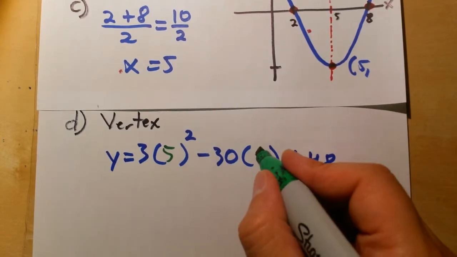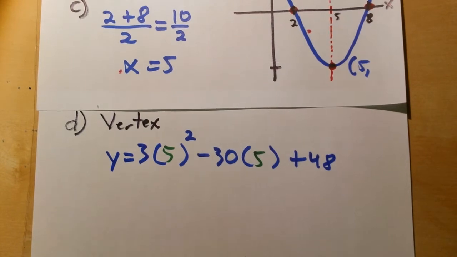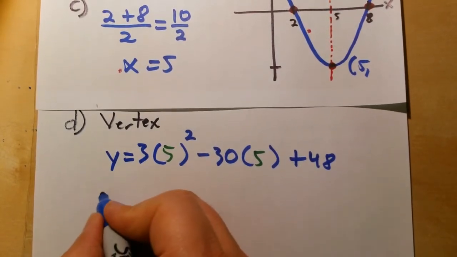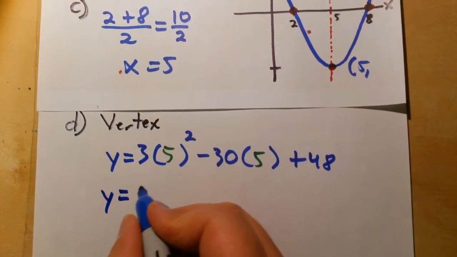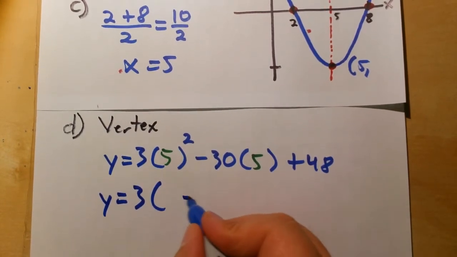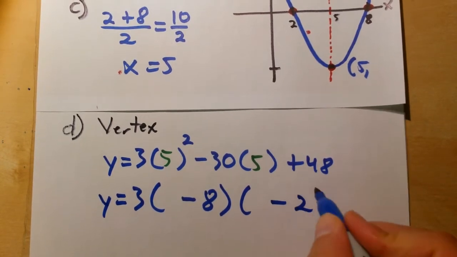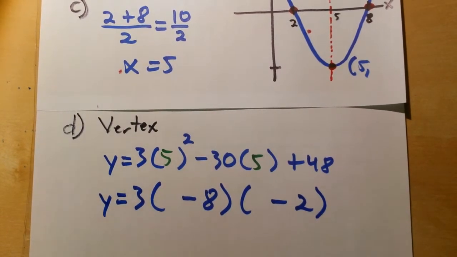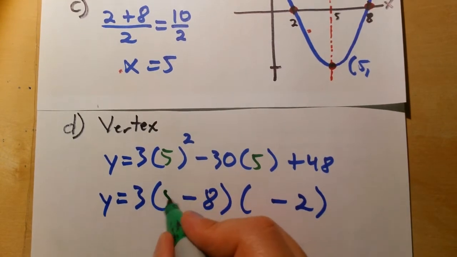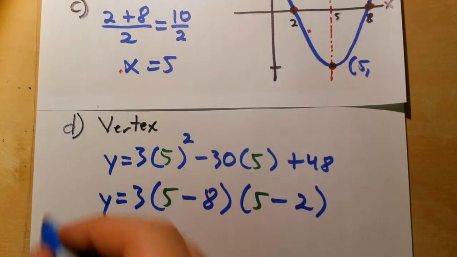Well, in fact, we can solve it as well, and we should get the same answer. Now, if it makes it easier, as I said before, you can also substitute it in the factored form. So in fact, we can have 5 minus 8, and then 5 minus 2. And that would also work as well.